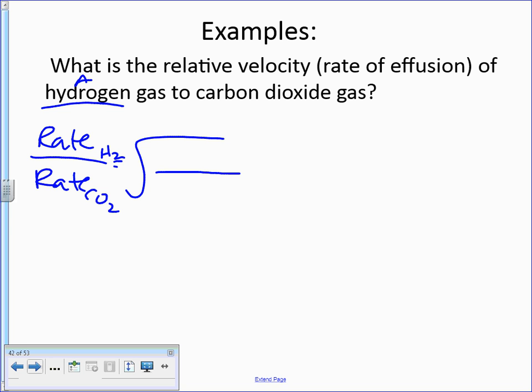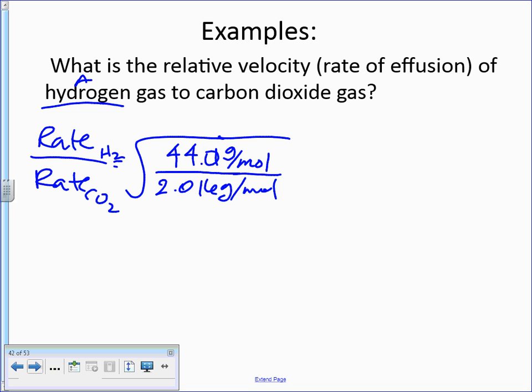Where are you getting 44 from? Molar mass of carbon dioxide, right? So carbon is 12 plus 16 is 44.01 grams per mole, because that's its units, its molar mass, over what? 2.016 grams per mole for hydrogen gas, because it's hydrogen plus hydrogen.